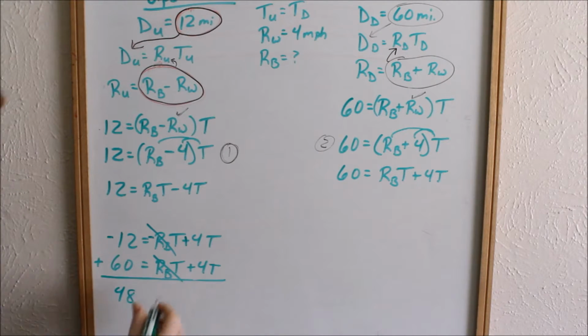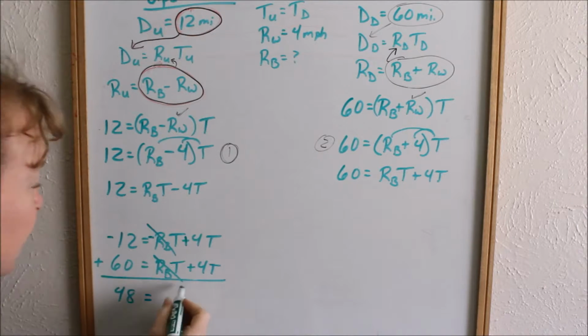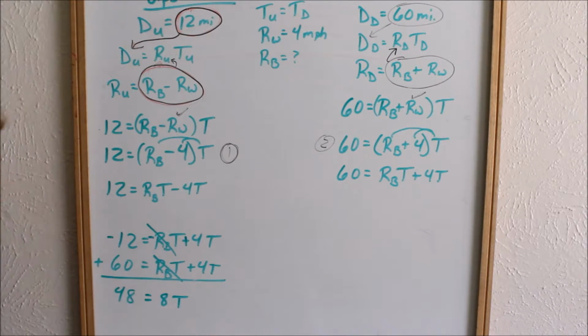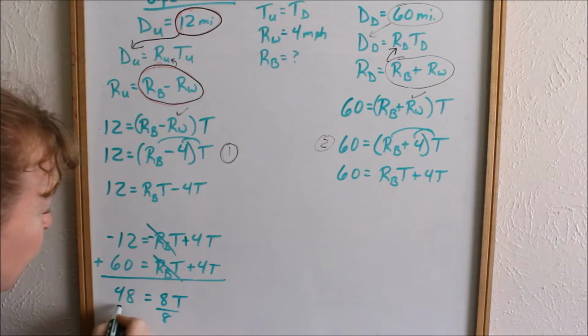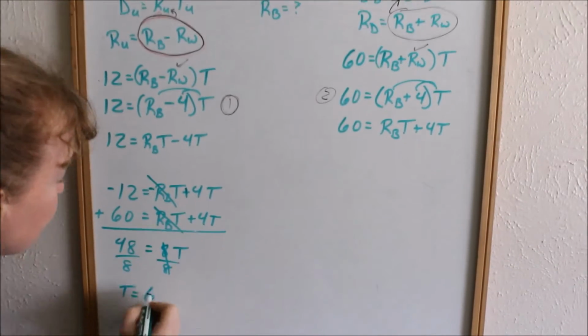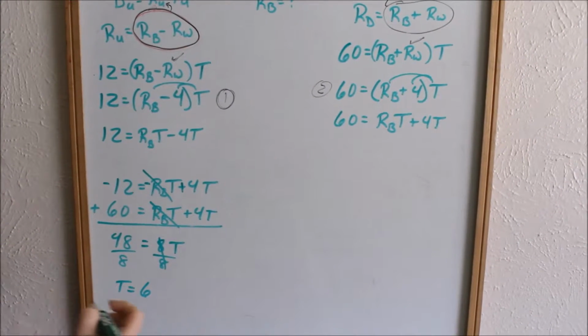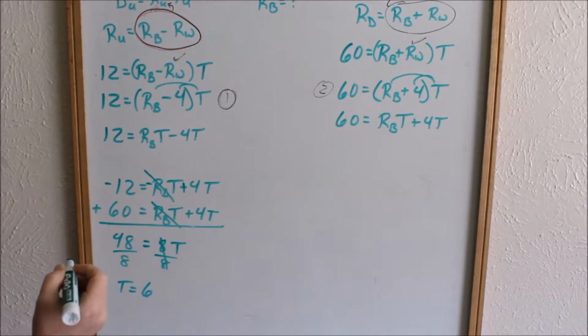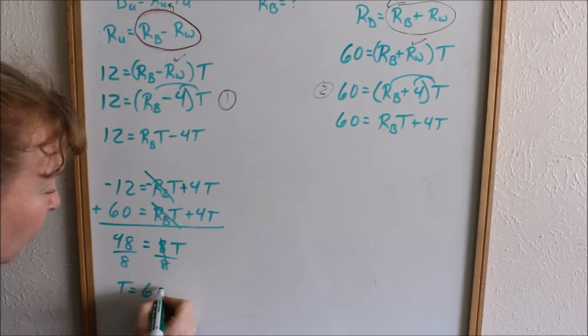I think I did that correctly. Divide by 8. Now T equals 6, and the units I was working with for time was hours, because everything was in miles per hour. So that would be hours.